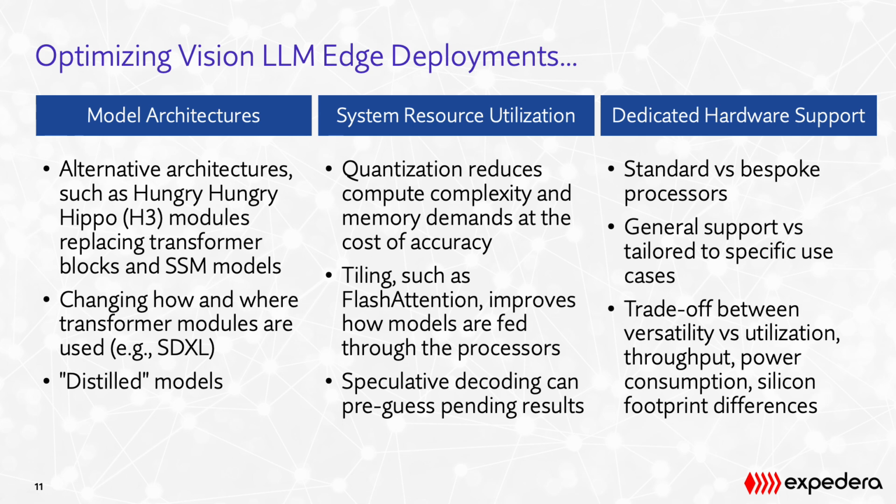An especially interesting area right now are SSM models. These would be models such as Mamba, Striped Hyena, and Hungry Hippo modules. Some of these are intended to just drop in as one-for-one replacements for the transformer blocks of existing models. Some of them are intended to be trained up from scratch.